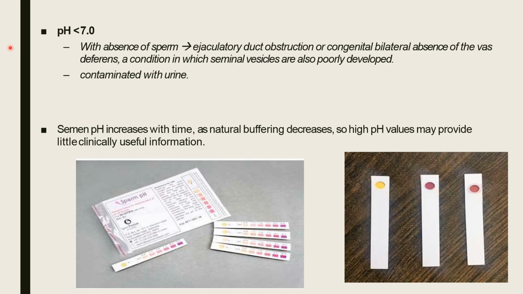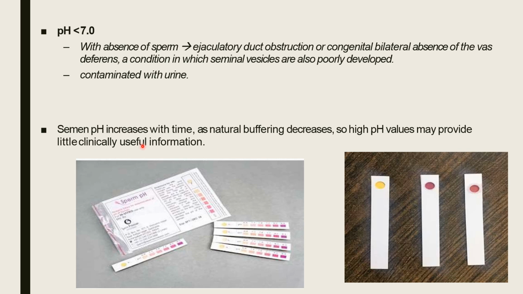Or if semen is contaminated with urine, it is the normal function of the reproductive tract to expel the semen that is present after the ejaculation. So if that urine is contaminating the sample, then semen pH would become low, it would become acidic.